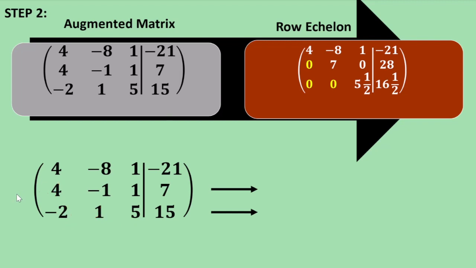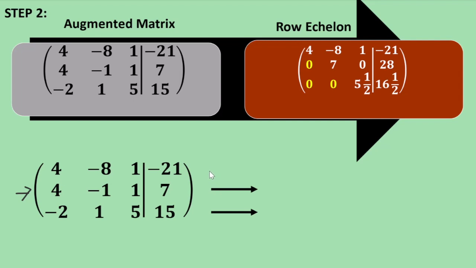We would first consider the second row. Now how would 4 be 0? Yes, by multiplying the first row with negative 4 and then adding the first row to the second row, we get this value as 0.